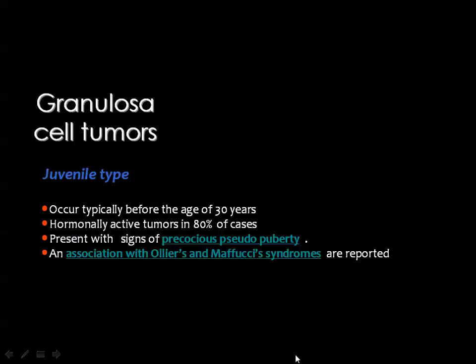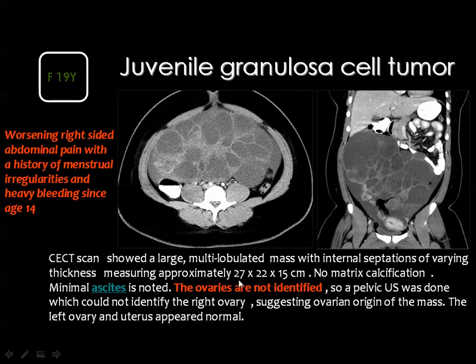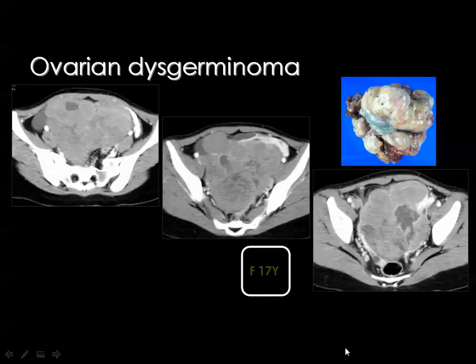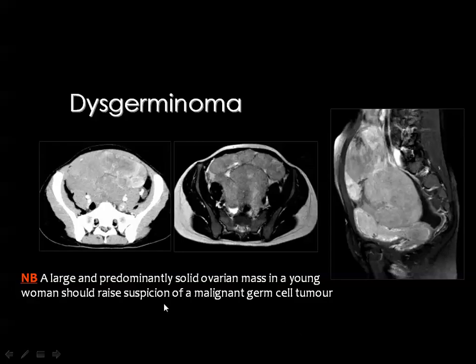And the juvenile type is more common than the adult type. And this is a female, 19 years old, and you see a big mass in the pelvis with solid component and cystic component. And this is another example. You should remember the age of the patient is young, and the tumor is big. These are the two main criteria that can help you to suspect the possibility of a germ cell tumor or germinoma.